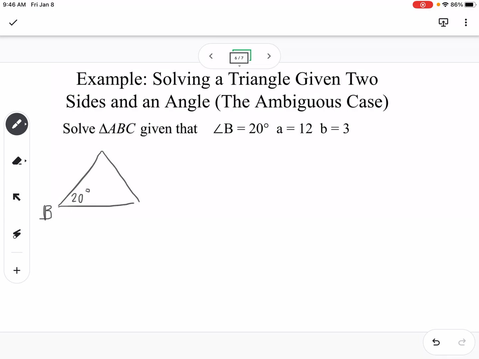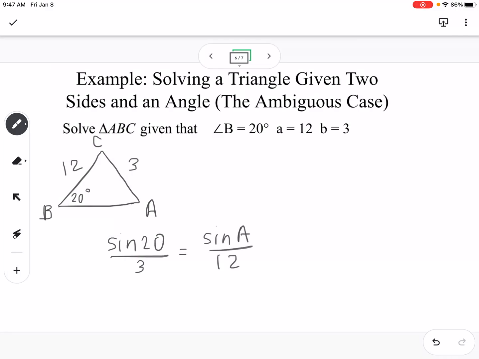Okay, so angle B is 20 degrees, side B is 3, side A is 12. Okay, so I'm going to find my angle A. That's my first step. So we're going to take sine of 20 over 3 equals sine of A over 12.